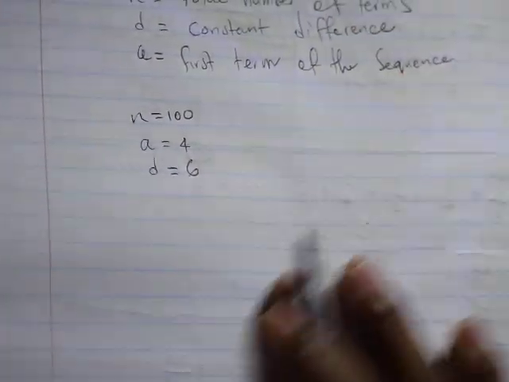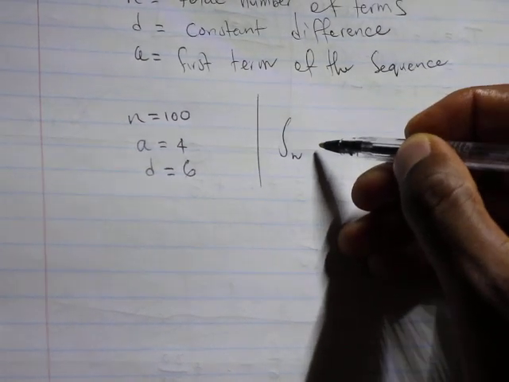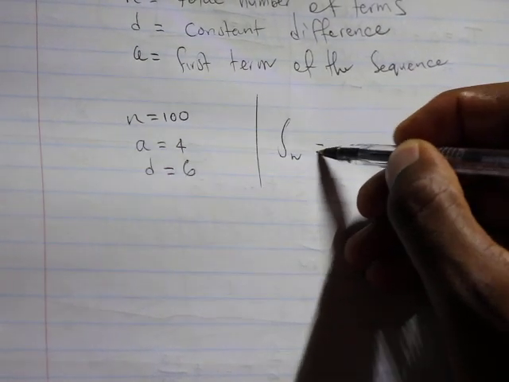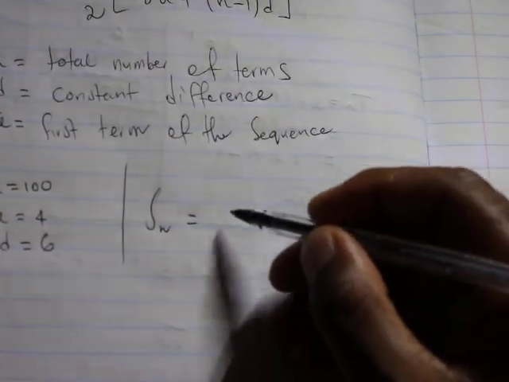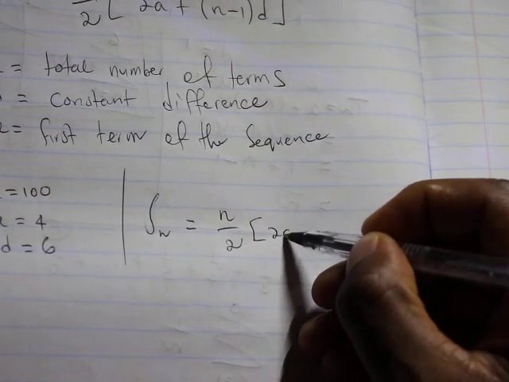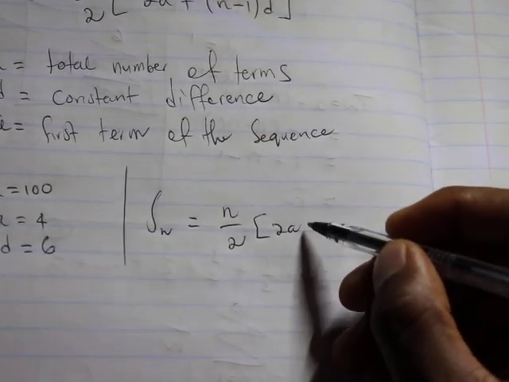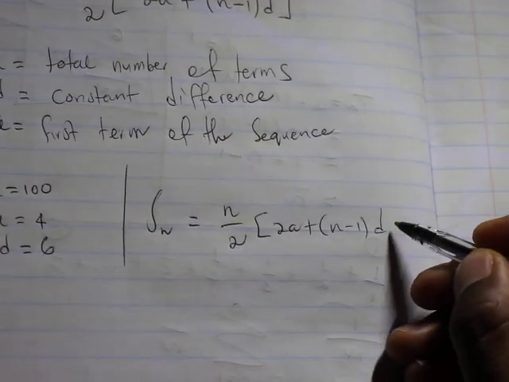So let's go to the formula. Let's rewrite it. Remember, the sum of the arithmetic series is given by n over 2 times (2a plus (n minus 1) d).